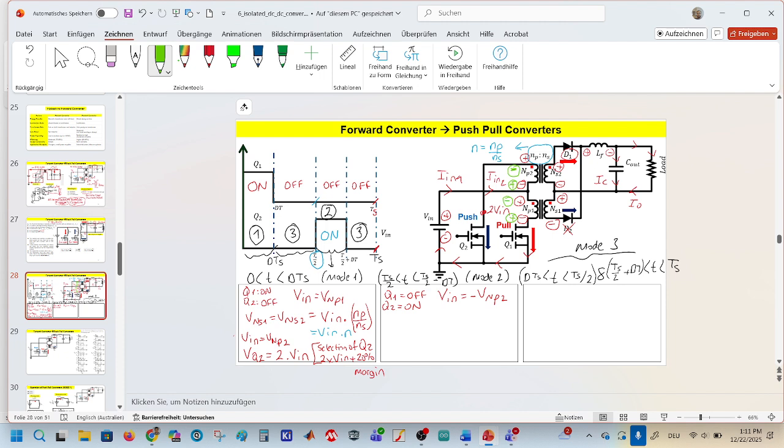If you want to define the input voltage as given like that, mathematically it's correct, but on the oscilloscope of the DC-DC converter, you will see the input voltage as positive on the primary side.